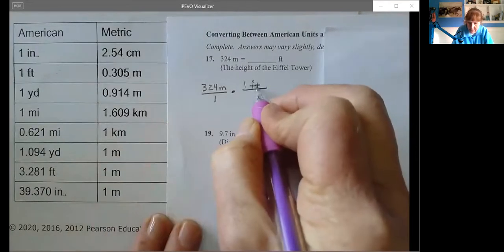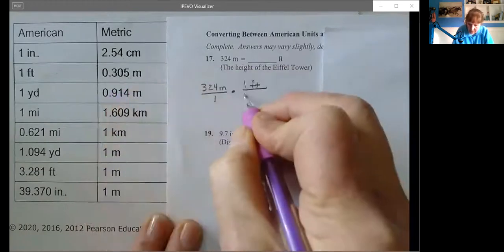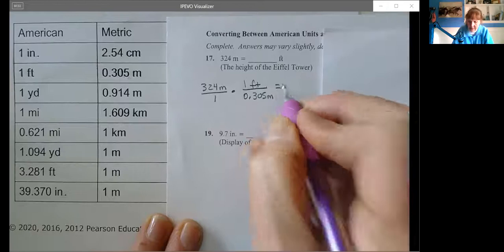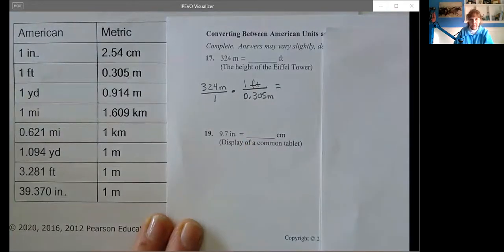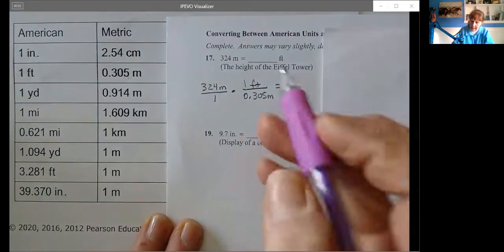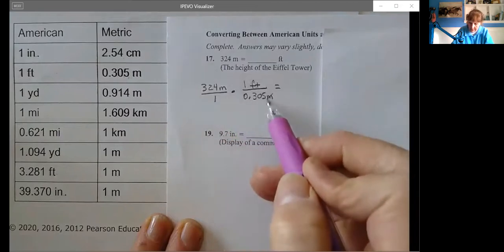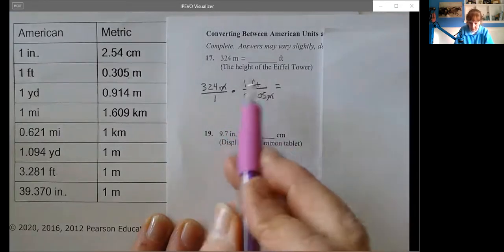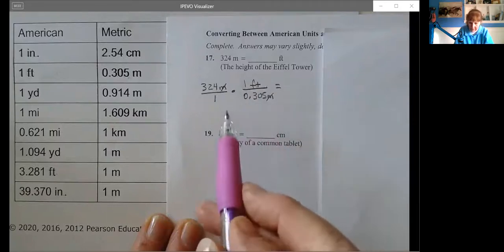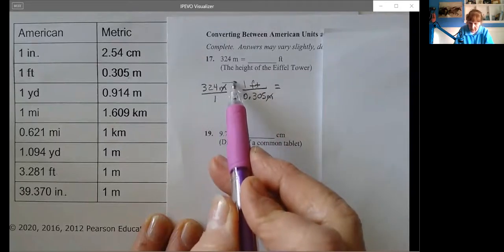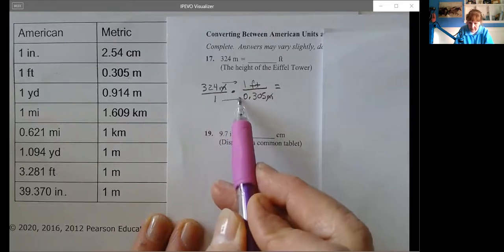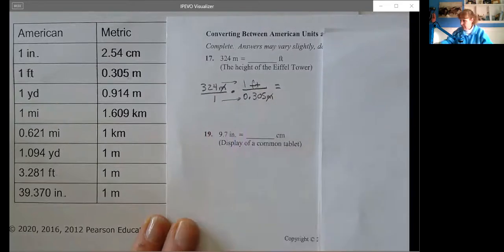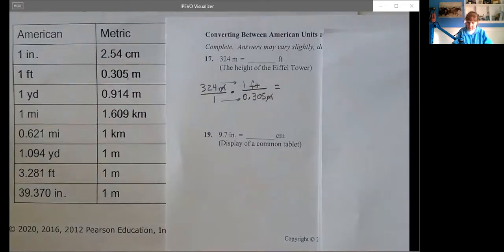So we're going to put that in the numerator, and we're going to put 0.305 meters in the denominator. There. And here our meters cancel. All right, so we created this unit conversion here, and we multiply straight across. So we take this times this over this times this right here. And then we're going to have to use a division.